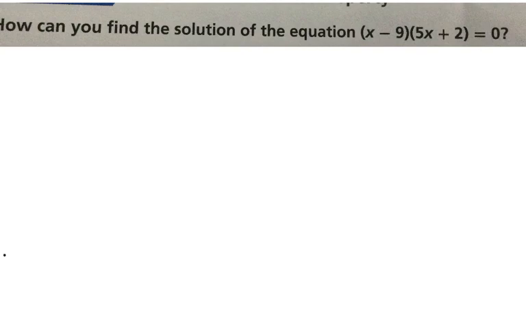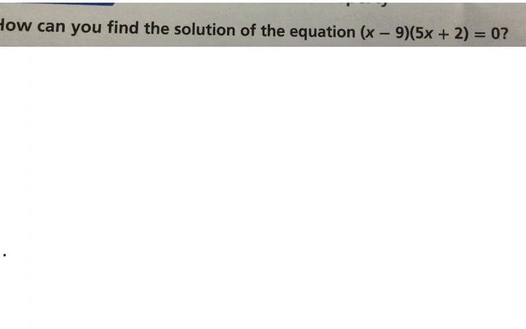Here, this is the factored form of a polynomial. What does it mean it's factored form? This is two parentheses that are being multiplied by each other. I'm multiplying x minus 9 times 5x plus 2. I know when I multiply these together, I get an answer of 0. So what can I say?